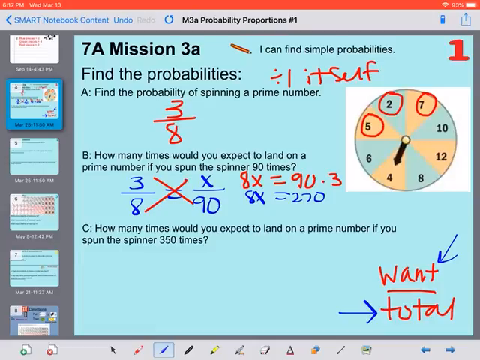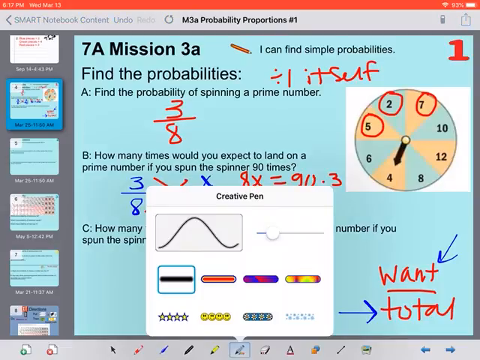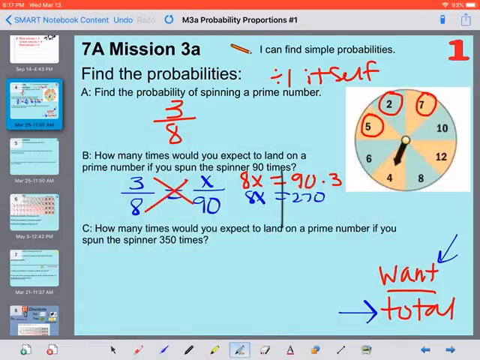And then we're going to divide. This goes back to solving one-step equations. The opposite of multiplying by 8 is dividing by 8. 8 over 8 is just 1. So we get x equals 270 divided by 8, which gives us 33.75.